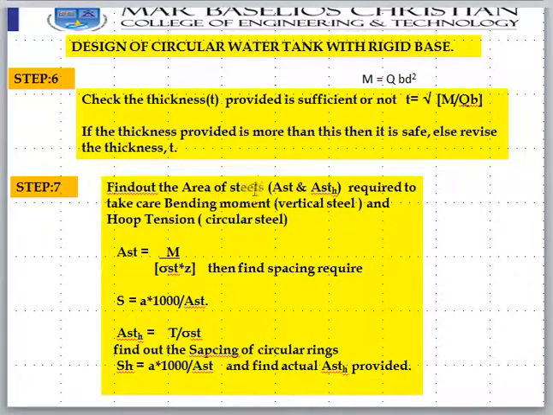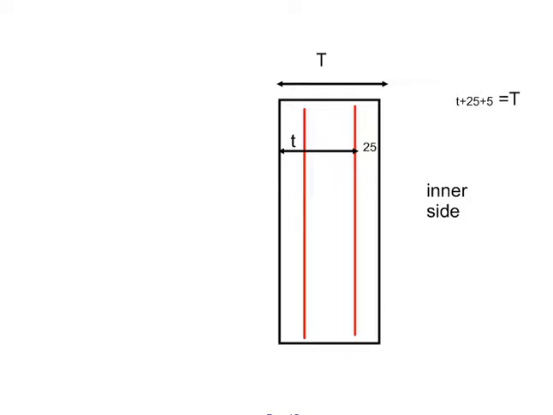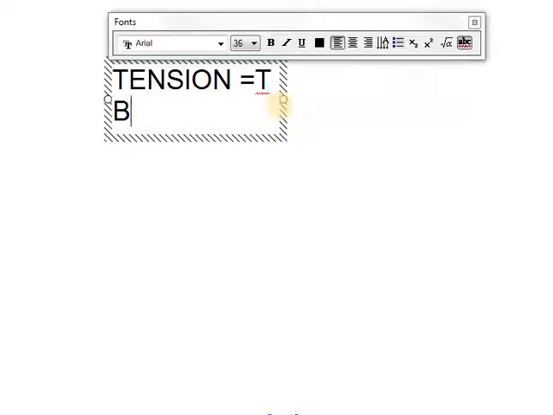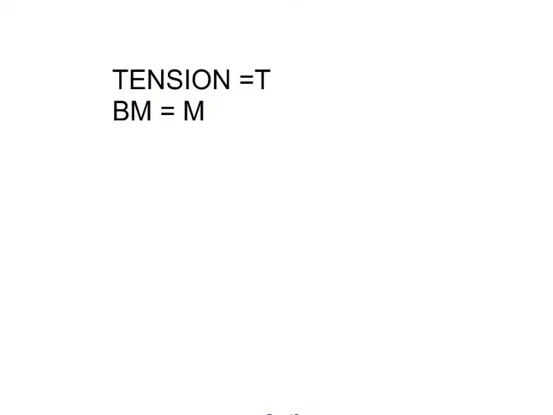Okay, so whatever the things you have found out now, let us say you found out the hoop tension, which is T, and you found out the bending moment M. Okay, remember this is very important actually, because this is your wall.